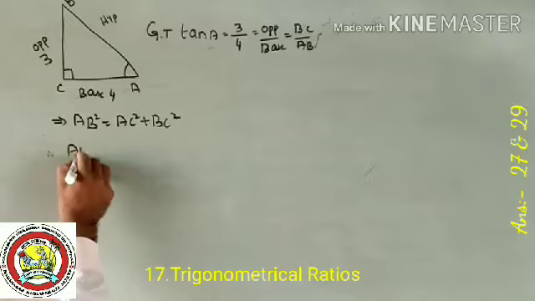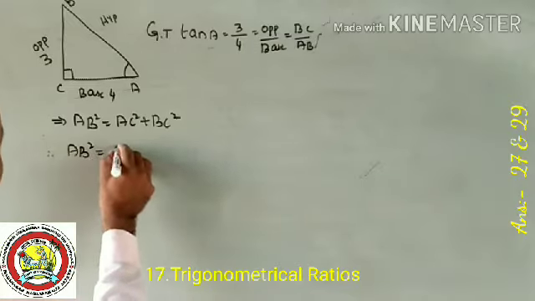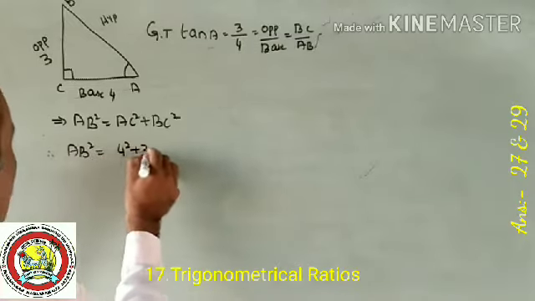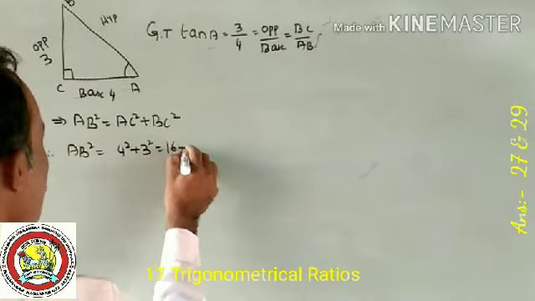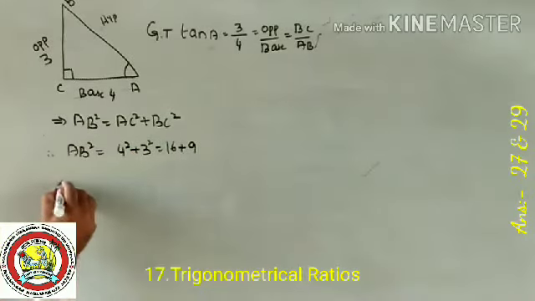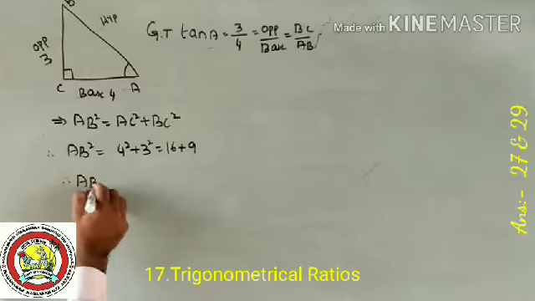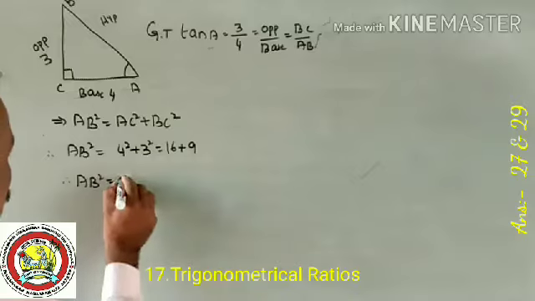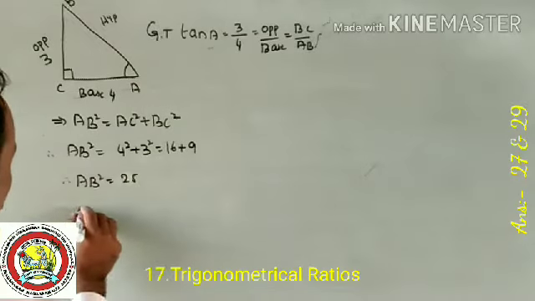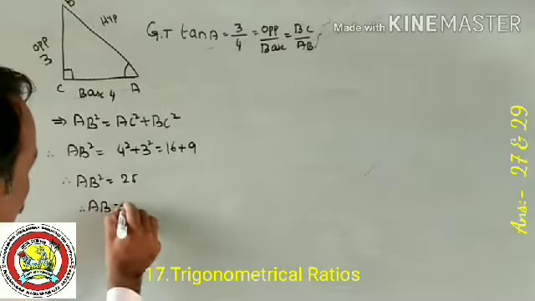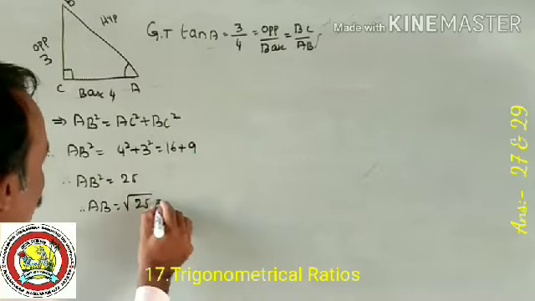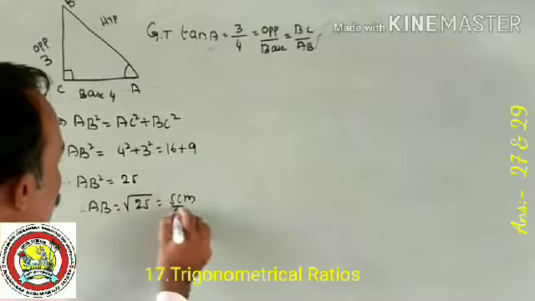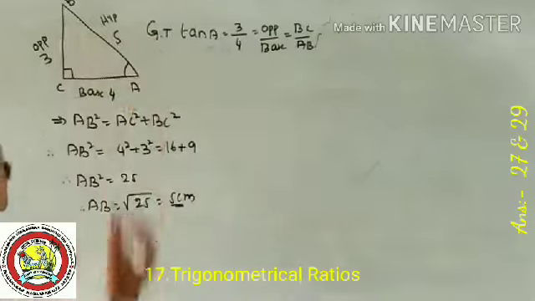Therefore, the value of AB square is equal to 4 square plus 3 square, that is 16 plus 9, sum of these two, that is 25. Therefore, the value of AB is equal to root of 25, that is 5 units or 5 centimeters.